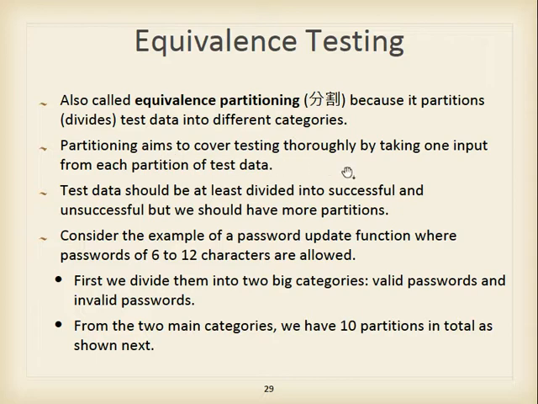But first, why do we need testing techniques? Can we just go randomly to test things? Well, the problem with randomness is that maybe you're not giving it the right test data. So how do we choose test data to test our program?